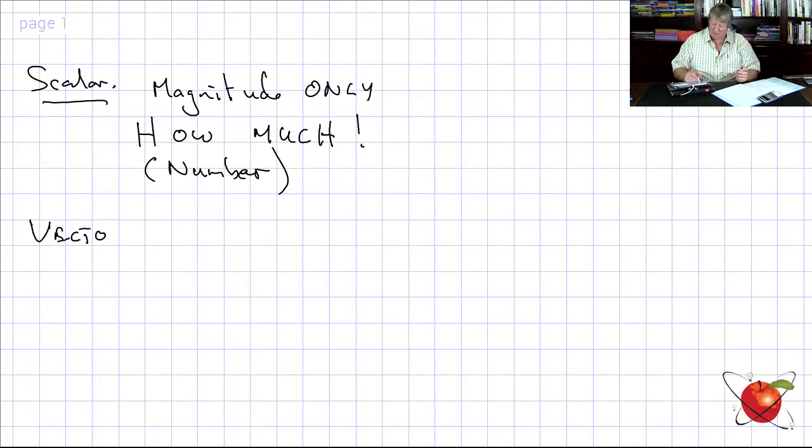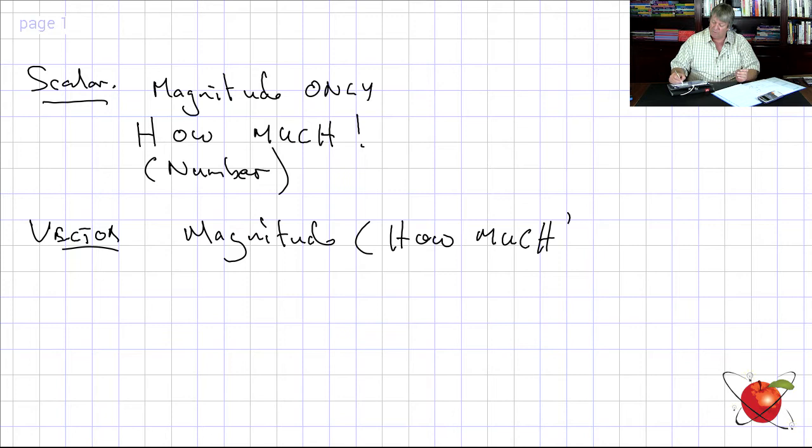So then what is a vector? Well, a vector is going to be the magnitude, which is how much, plus a direction. Which way? So the vector is giving us a magnitude and a direction.